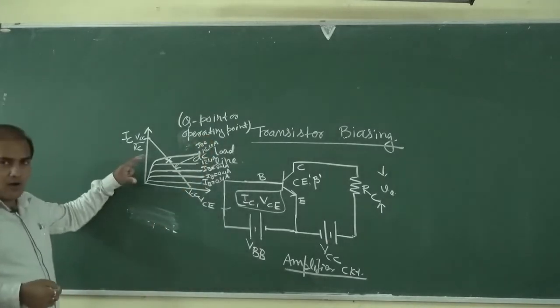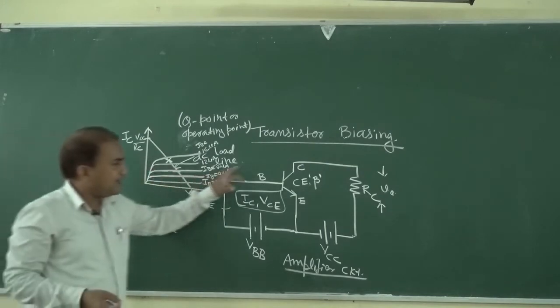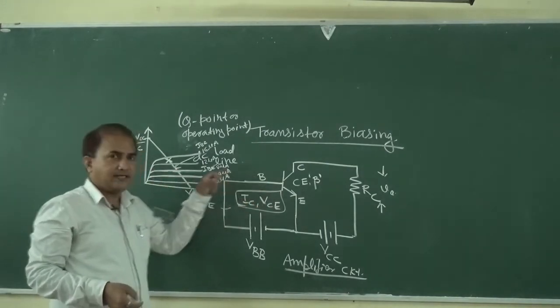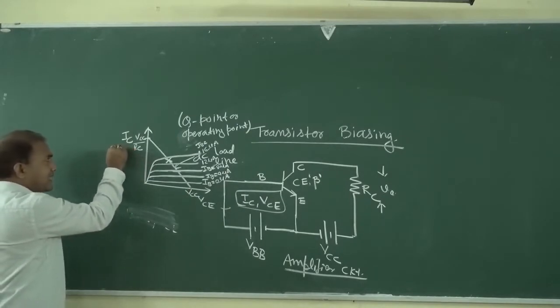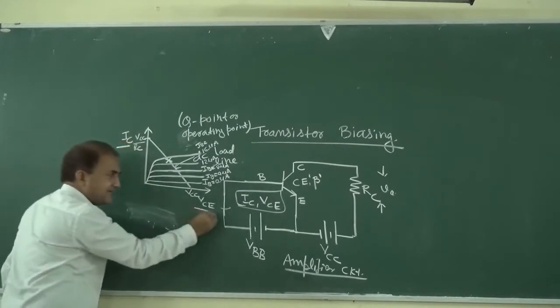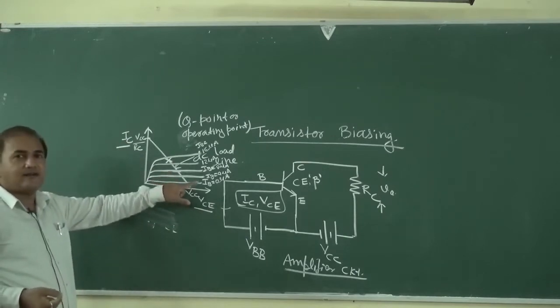So this is the output characteristic curve of a common emitter transistor. It is the graph between IC versus VCE for different values of IB.